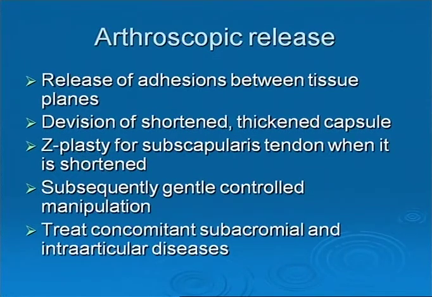Arthroscopic release is a better way to release the adhesions between the tissue planes, divide the shortened capsule, or do Z-plasties for the shortened tendons. After that, you should do a gentle, controlled manipulation, and also treat the concomitant subacromial and intra-articular diseases.